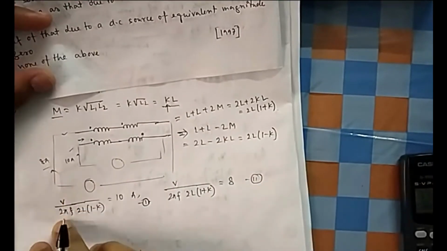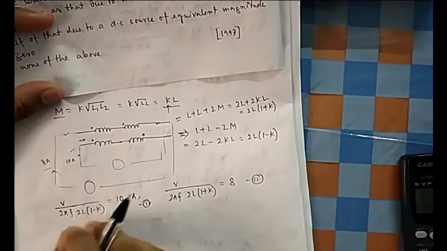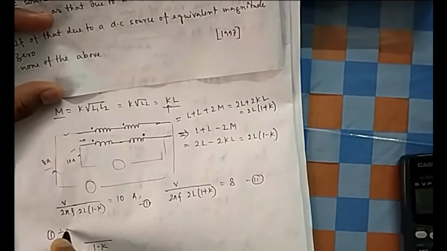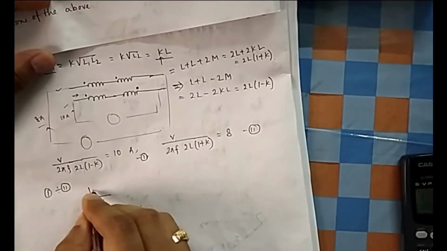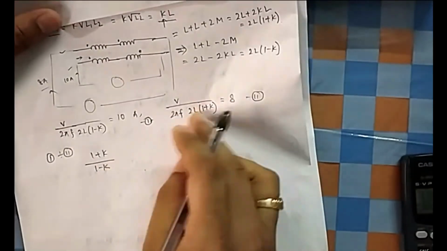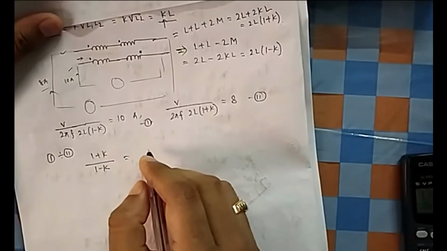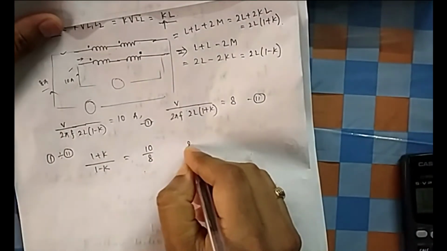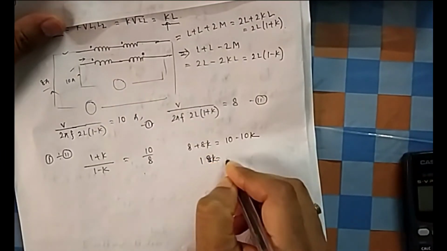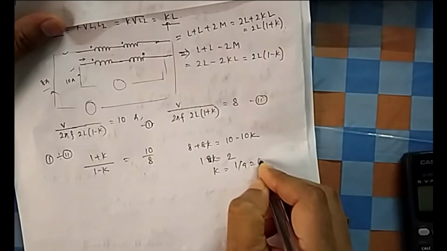If you divide it, then V, 2 pi F, L, everything will be gone. So what will be left? Here it will be 1 minus K, and dividing 1 by 2, 1 plus K will come up, and then 1 minus K will go below, and everything will get cancelled. Then it is 10 by 8. I think again you can solve it. 8 plus 8K equals 10 minus 10K, so 18K is equal to 2, or K is equal to 1 by 9, that is 0.11.